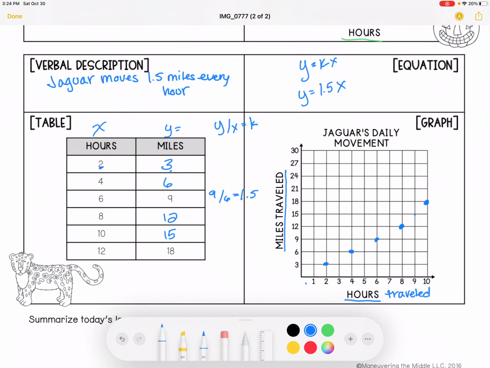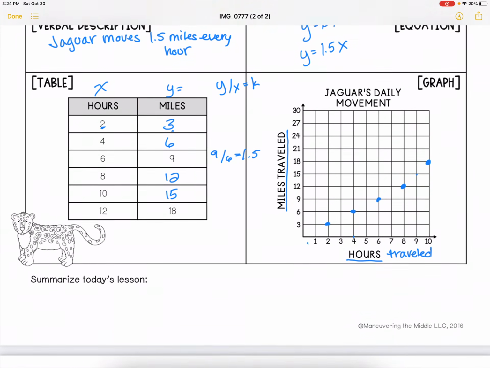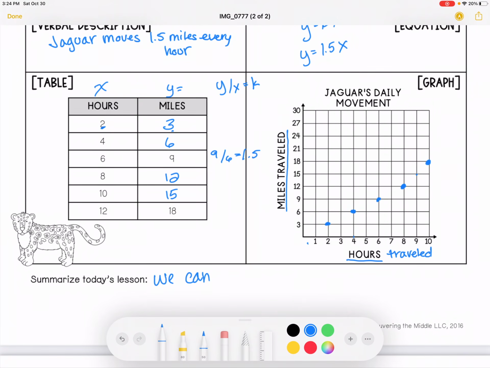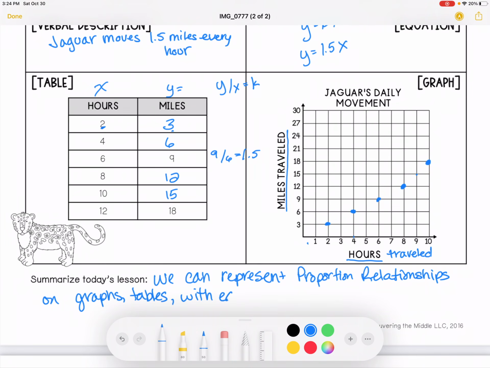The summary of today's lesson is just that we can represent proportional relationships on graphs, tables, with equations, or word problems.